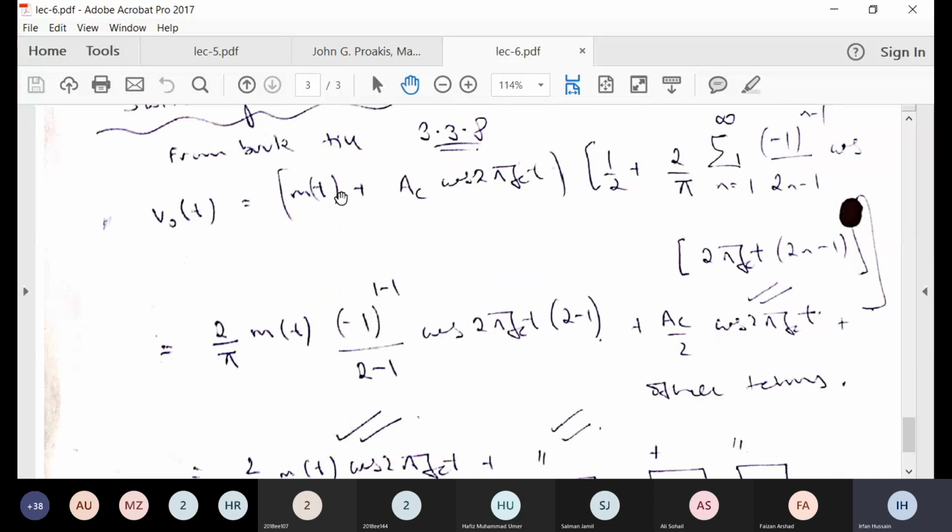So you just multiply the sum signal of the low pass message and carrier with this switching function, and you get all these terms.